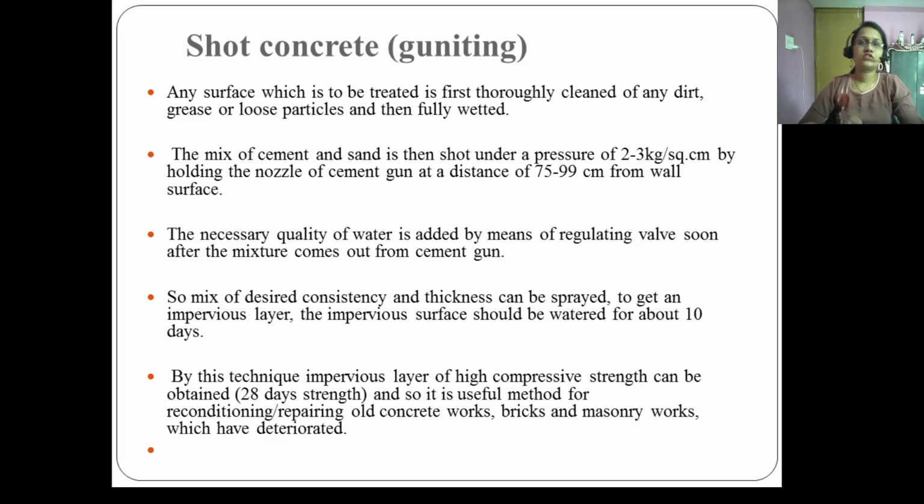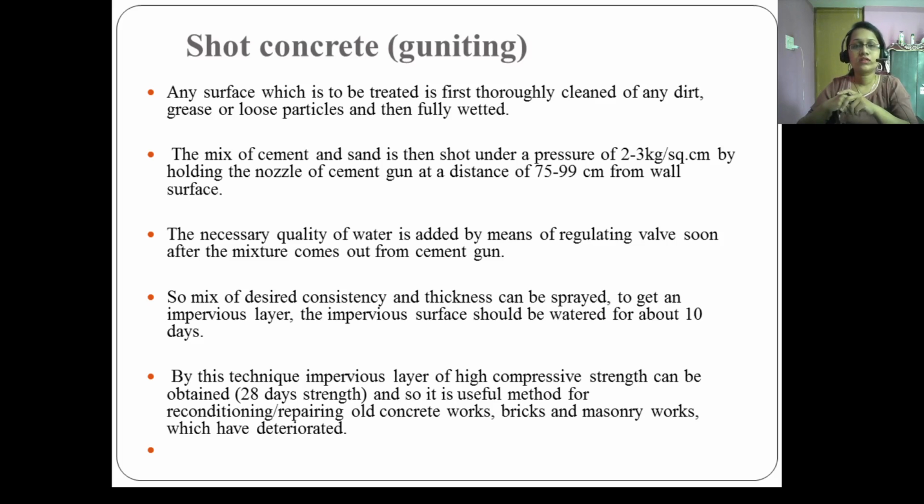Any surface which is to be treated is first thoroughly cleaned of dirt, grease or loose particles and then fully wetted. The mix of cement and sand is then shot under a pressure of 2 to 3 kg per centimeter square, holding the nozzle of the cement gun at least 75 to 90 centimeters from the wall surface. The necessary quantity of water is added by means of a regulating valve soon after the mixture comes out of the cement gun.